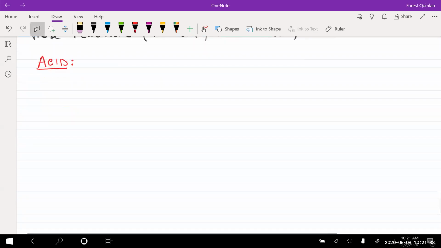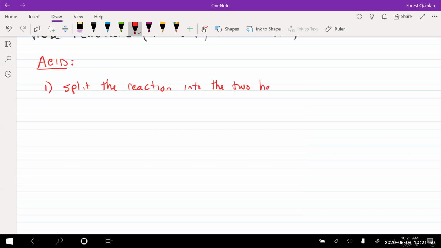So let's do this. The first thing you want to do is split the reaction into the 2 half reactions. Okay, so those are your oxidation and reduction reactions.